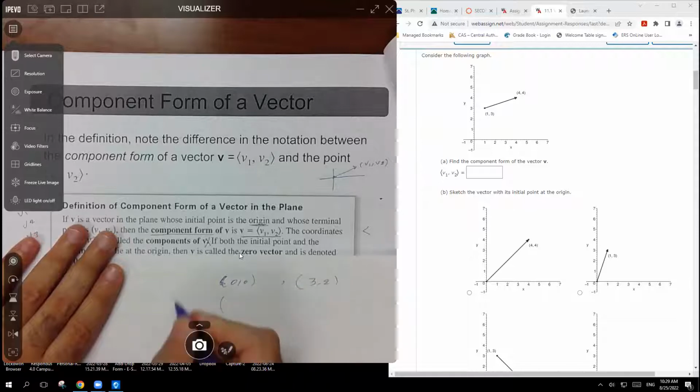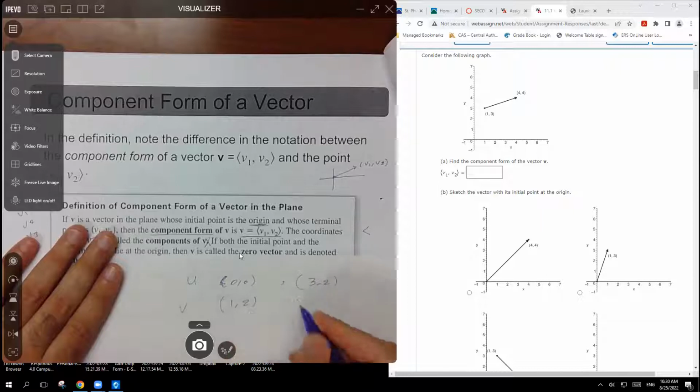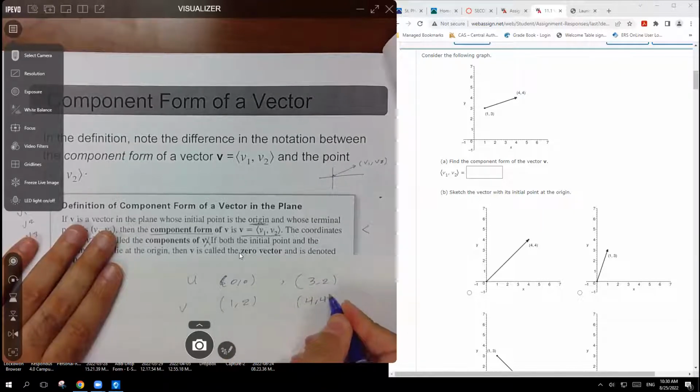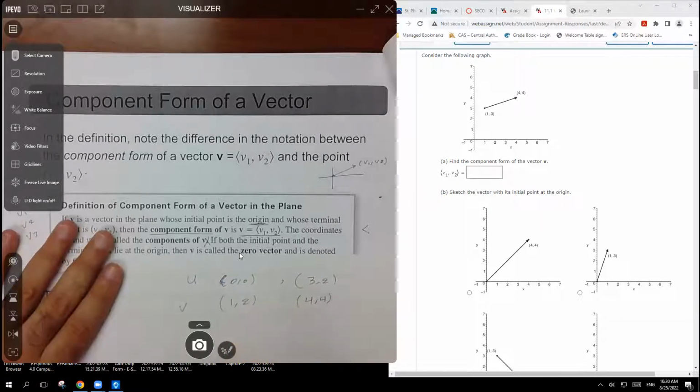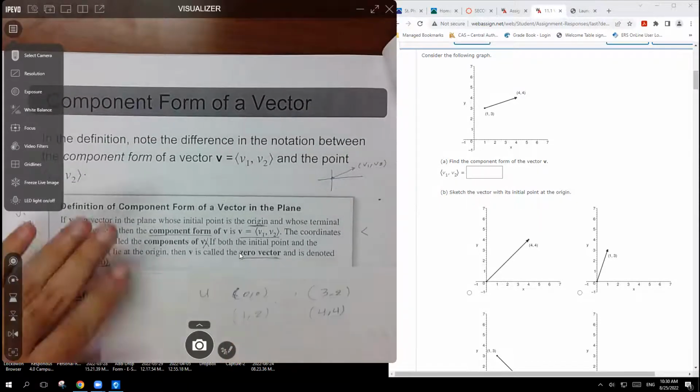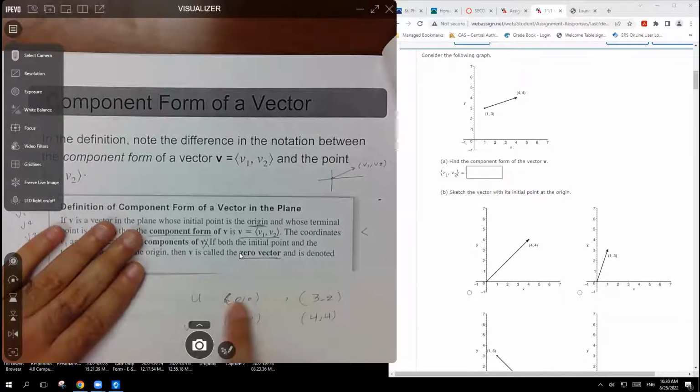The second vector starts from the point 1, 2 and goes to the point 4, 4. How are we going to write this down? We would have to check the distance between these two points and the slope. But the way we have now is easier. We're going to find the component form for this vector and the component form for this vector. How are we going to find the component form?